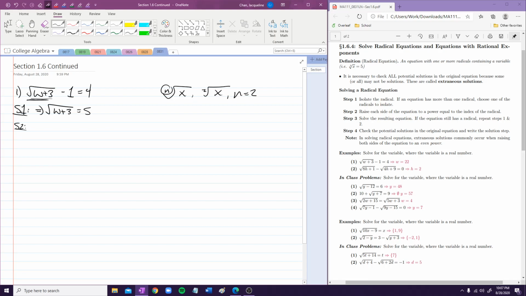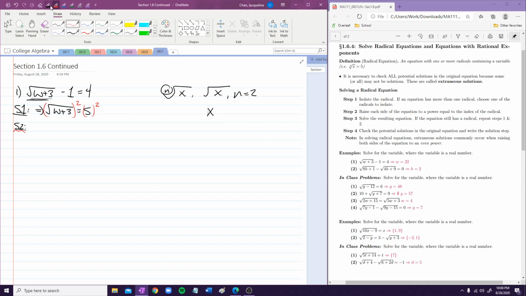It's like when you see x, the coefficient is 1, and when you don't see the exponent, it's 1. Same thing with a square root: n is equal to 2. So for step 2, since the index is 2, I'm going to raise both sides to the power of 2.